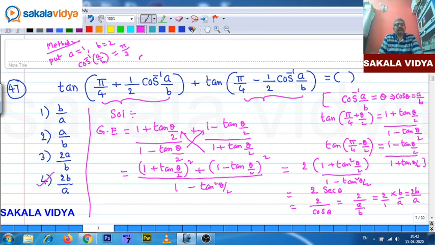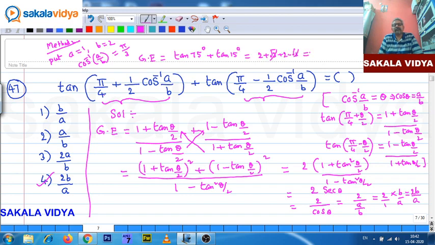That means the given expression becomes tan(45 + pi/6), that is tan 75, plus tan(45 - 30), that is tan 15. So this is 2 plus root 3 plus 2 minus root 3.